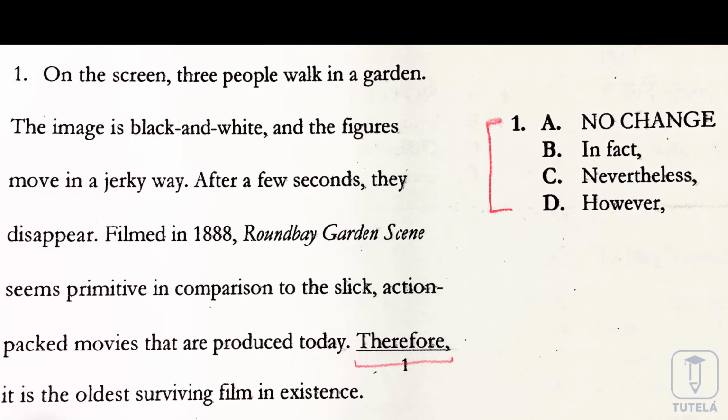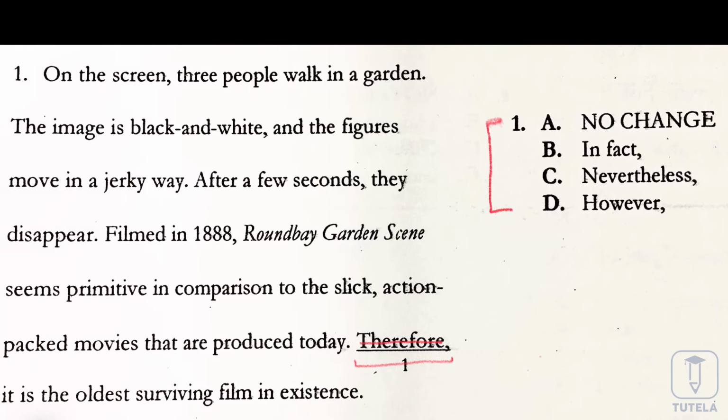What we are going to do is read the sentence first. "Therefore, it is the oldest surviving film in existence." Let us just cancel that off for a moment and take a look at the sentence before that. "Filmed in 1888, Round Bay Garden scene seems primitive in comparison to the slick, action-packed movies that are produced today. Therefore, it is the oldest surviving film in existence."